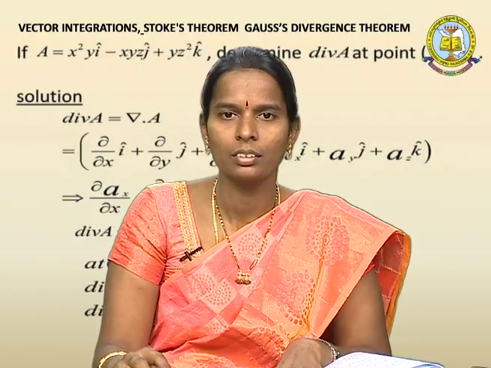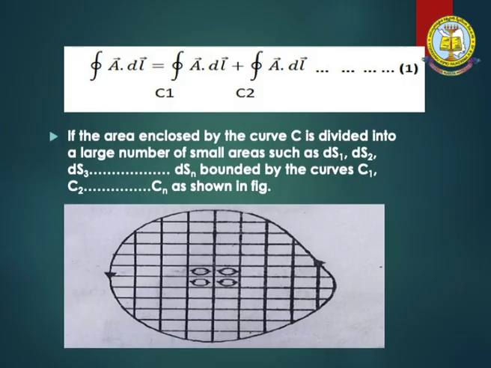You can write the C1 curve line integral of A dl and the C2 curve line integral of A dl. This is the small element; you can also write a number of small elements, one curve and two curves. If the area enclosed by the curve C is divided into a large number of small areas, ds1, ds2 and so on, these are small areas of the surface.